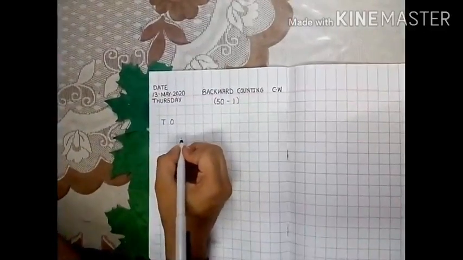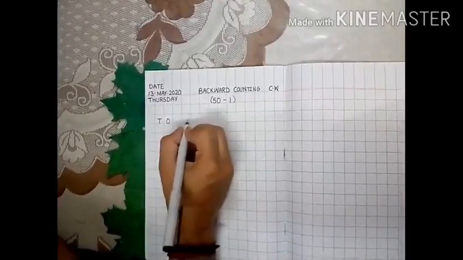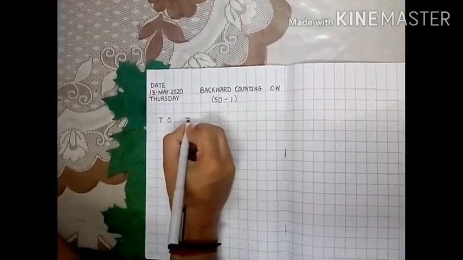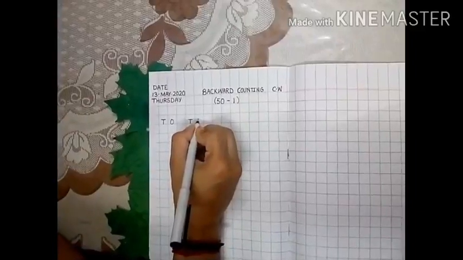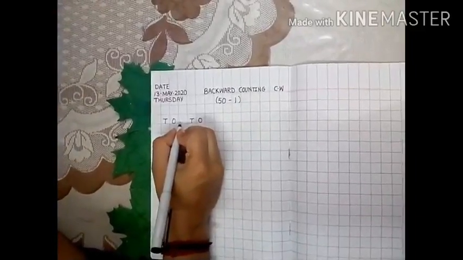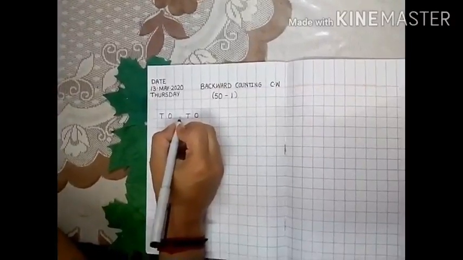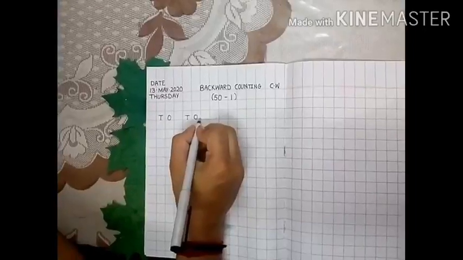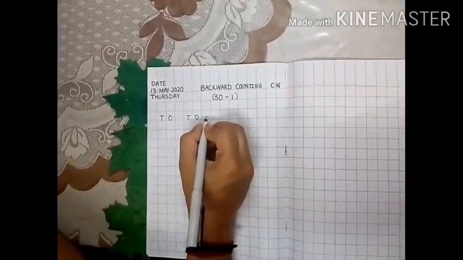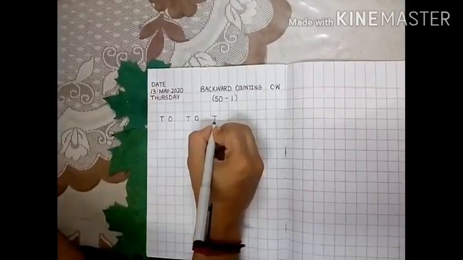So let's start the backward counting. Tens, ones. You have to write down tens ones. Leave one space. Then tens ones. Then leave one space. Then tens ones.